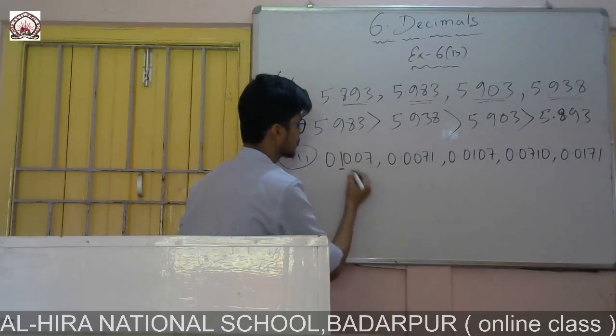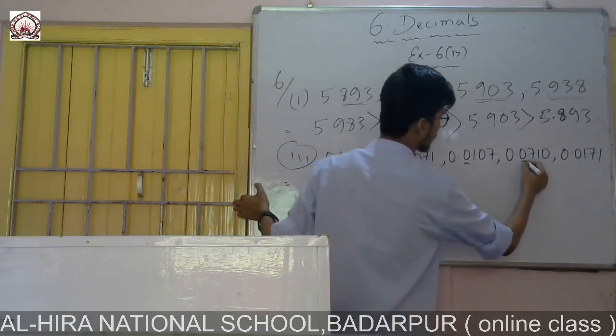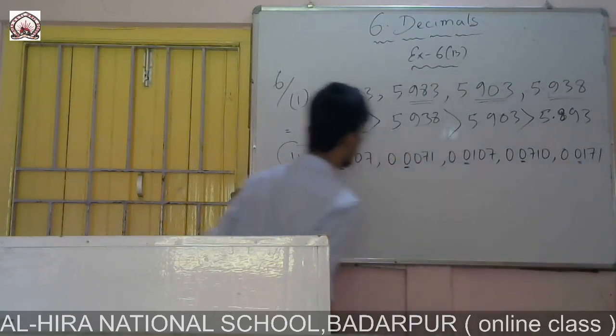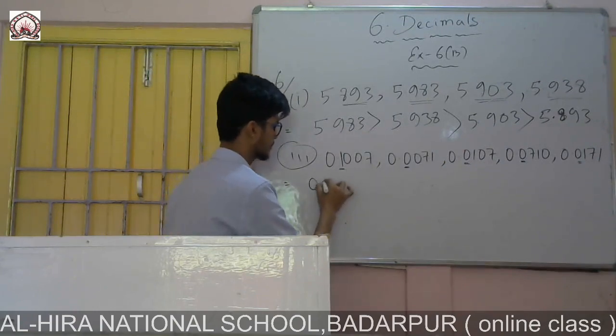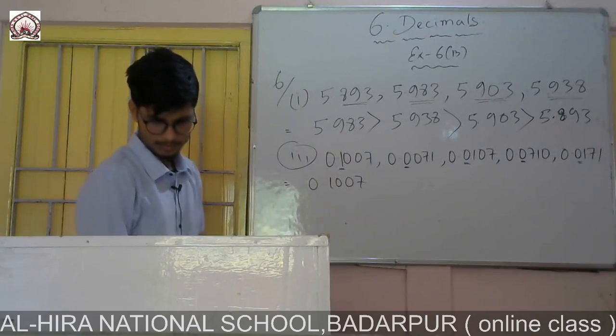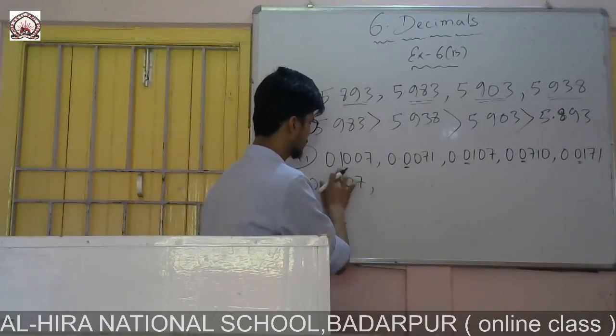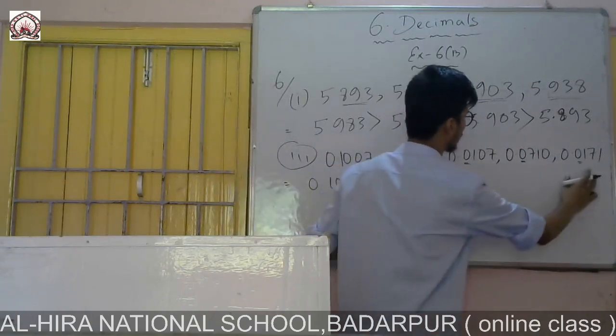After the decimal, one has 1, the others have 0, 0, 0. So which one is greater? Simple. The number 1007. Now this one finished. From these 4, the ones with 1 will be greater.